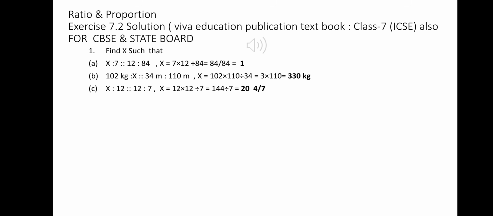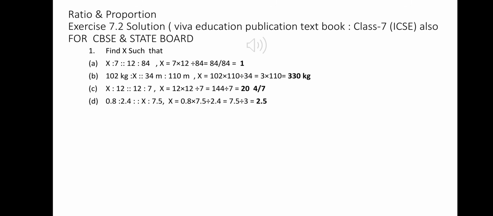The B question, 102 kg is to x equal to 34 meters is to 110 meters. So x is equal to 102 into 110 divided by 34, which is nothing but 3 into 110, that is 330 kg.